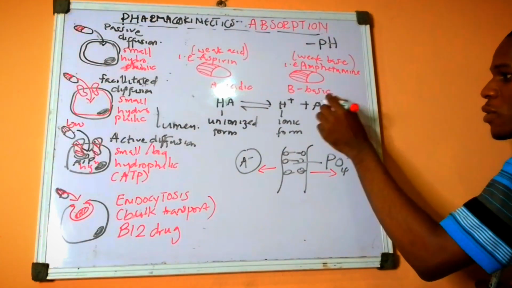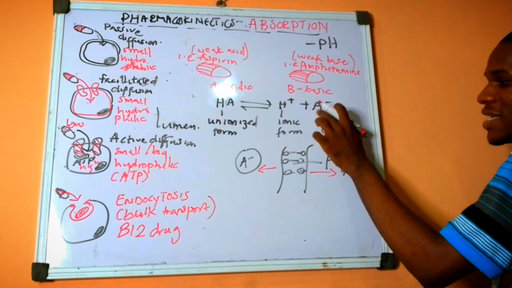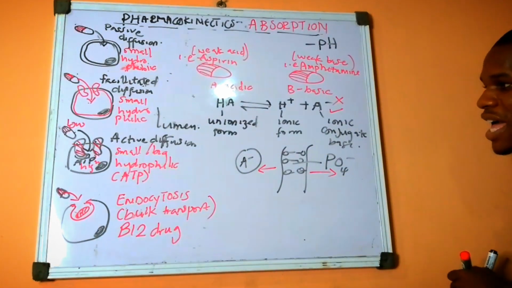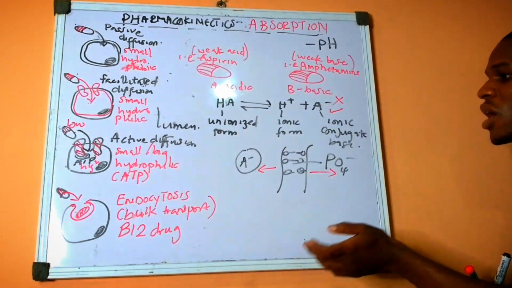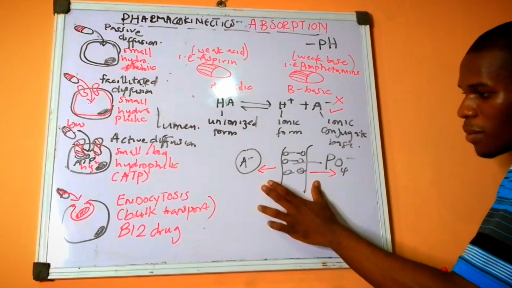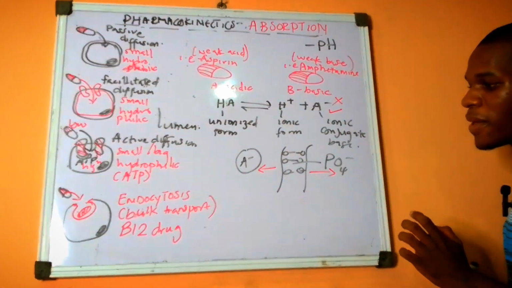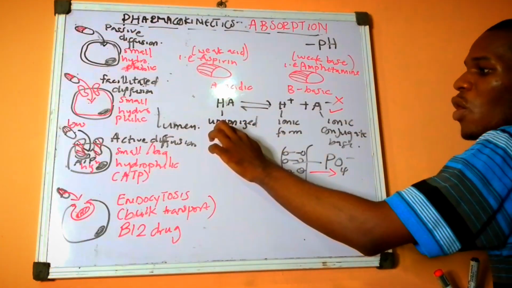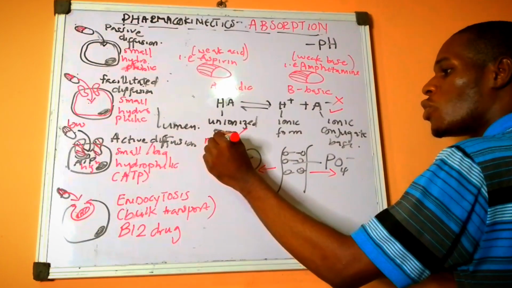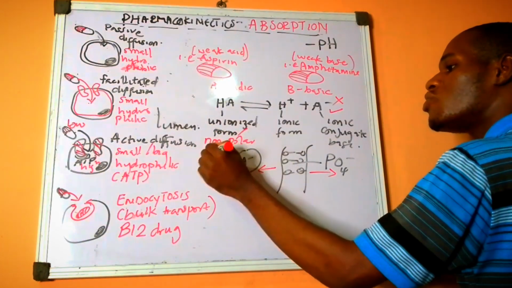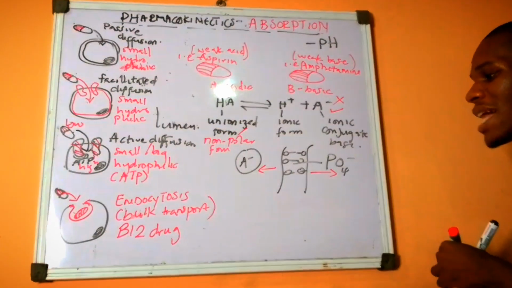So this particular form of this acidic drug is not readily absorbed. The H plus, the ionic form, cannot also be readily absorbed because it is polar. It is only the unionized form or the non-polar form of this drug that can be absorbed.